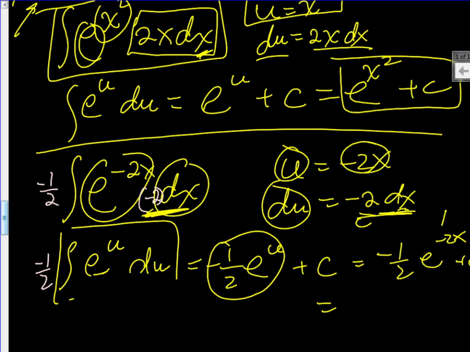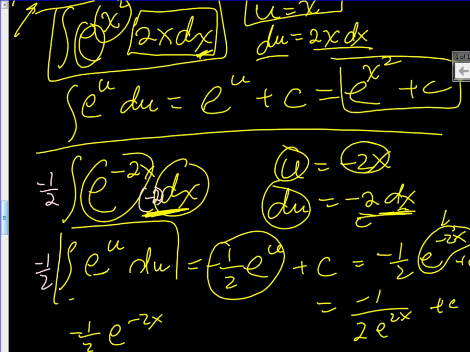If you like, since that's a negative exponent, or if your teacher says absolutely no negative exponents in the final answer, you can bring this from the numerator to the denominator, as long as you change the sign of the exponent. Now, if you noticed the answer, negative 1/2 e to the negative 2x, and let's look at the beginning problem.